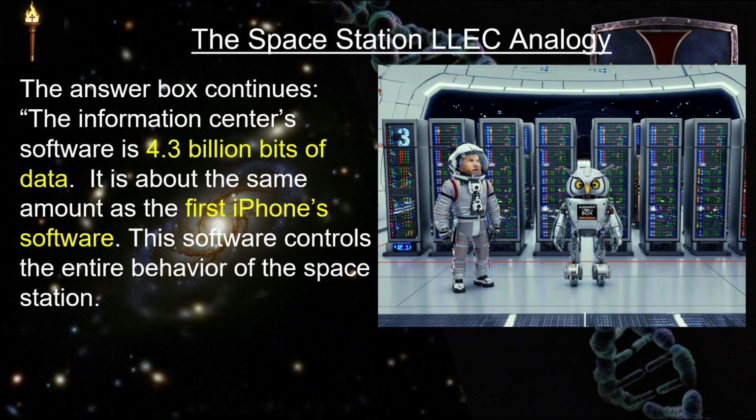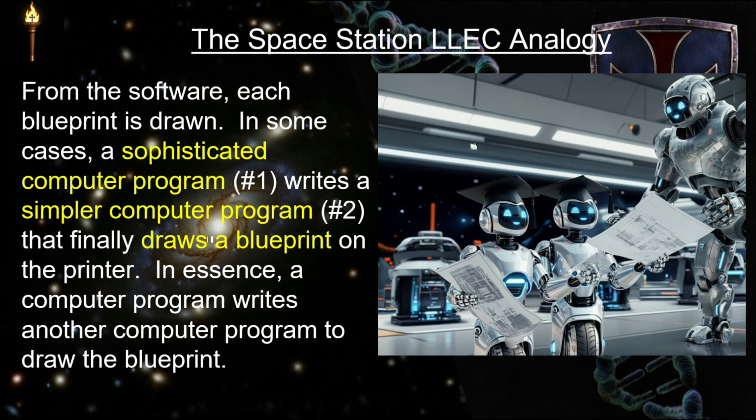The answer box continues. The information center software is 4.3 billion bits of data. It is about the same amount as the first iPhone software. This software controls the entire behavior of the space station. So it's 4.3 billion bits of data, as much as the first iPhone. It sounds pretty sophisticated.